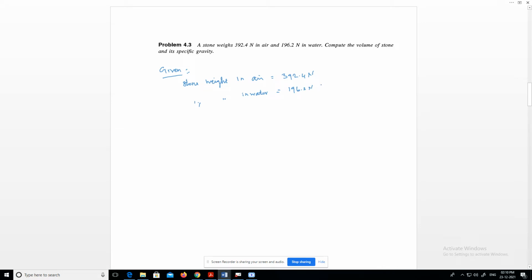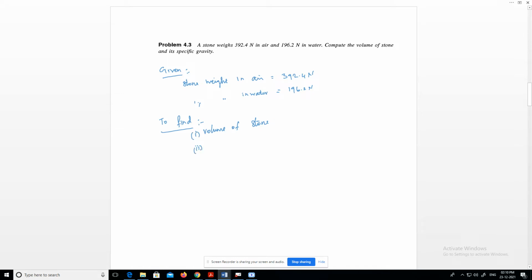What we have to find is the volume of stone.